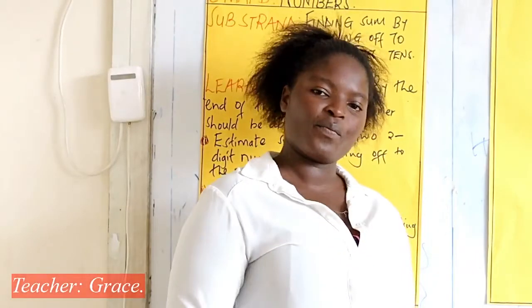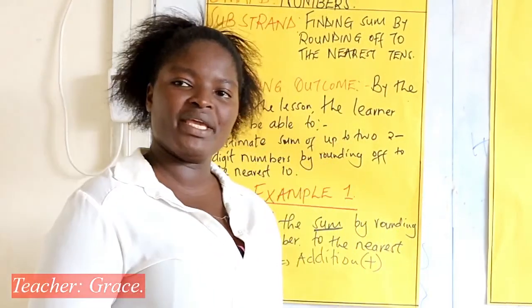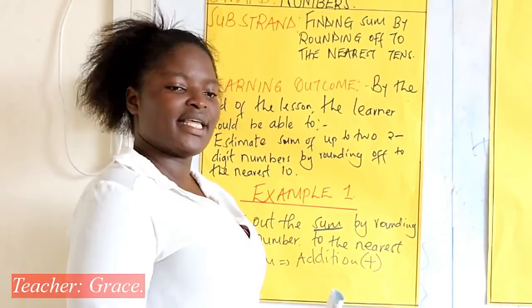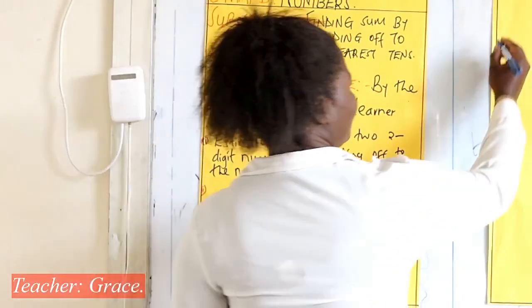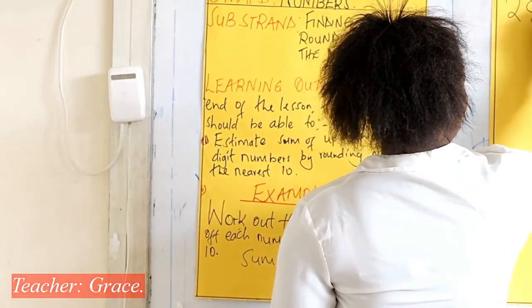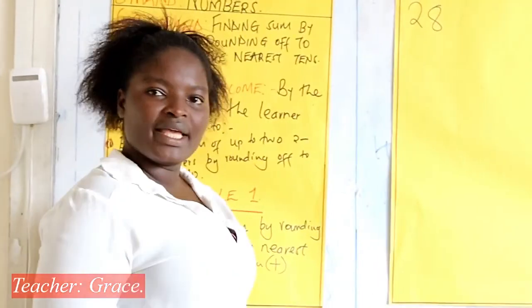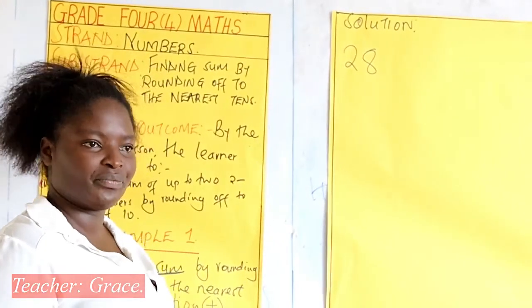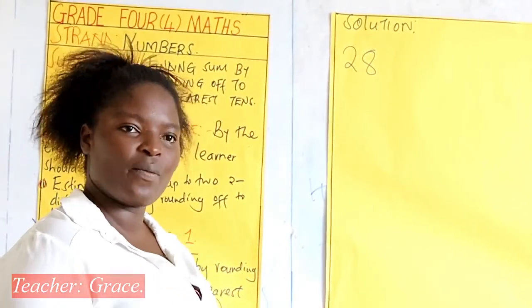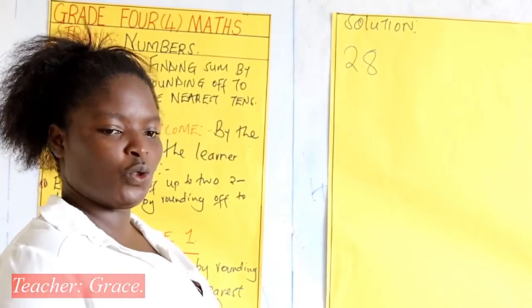Learners, I want you to give me a 2-digit number. Very correct. 28. Give me another 2-digit number. Yes. 32.